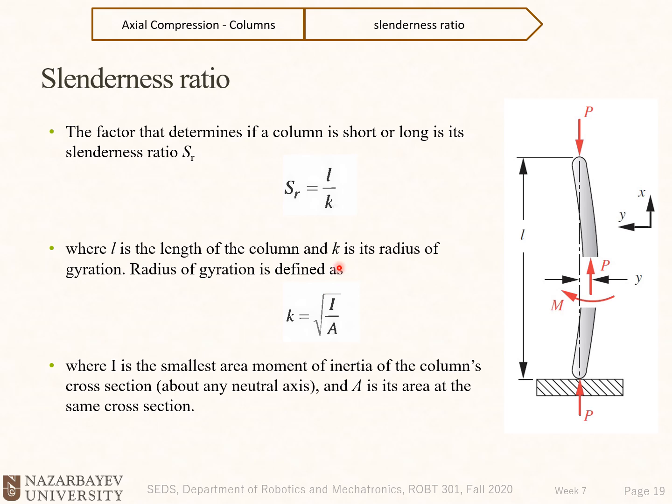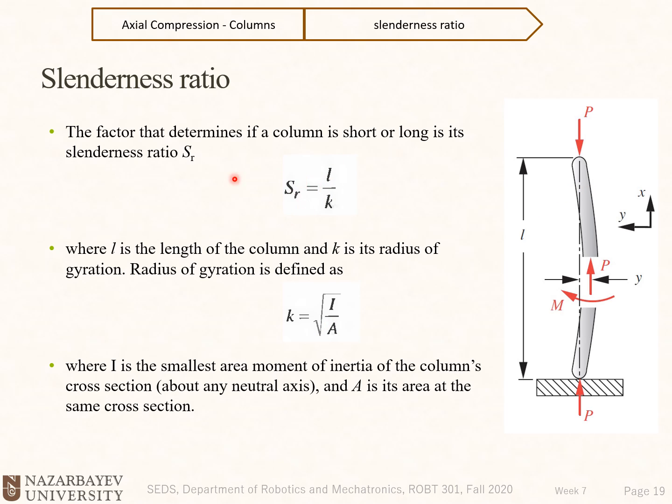Radius of gyration is defined as K is equal to the square root of I divided by A, where I is the smallest area moment of inertia of the column's cross section about any neutral axis, and A is its area at the same cross section. So I is moment of inertia and A is area of the cross section and L is the length.